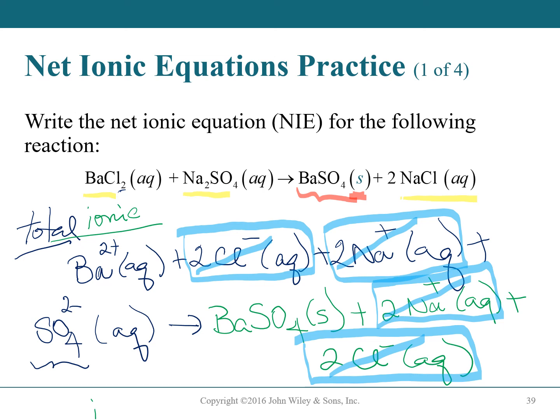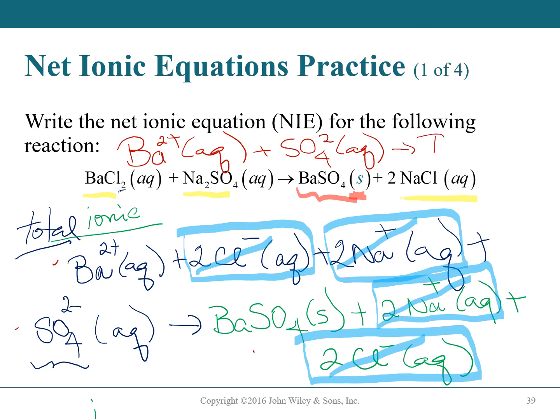The barium ion, plus the sulfate ion, gives me a solid. And this is my net ionic equation.